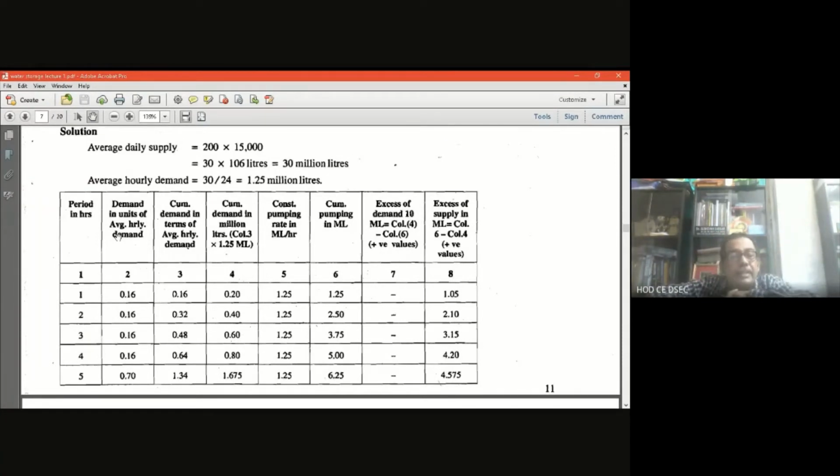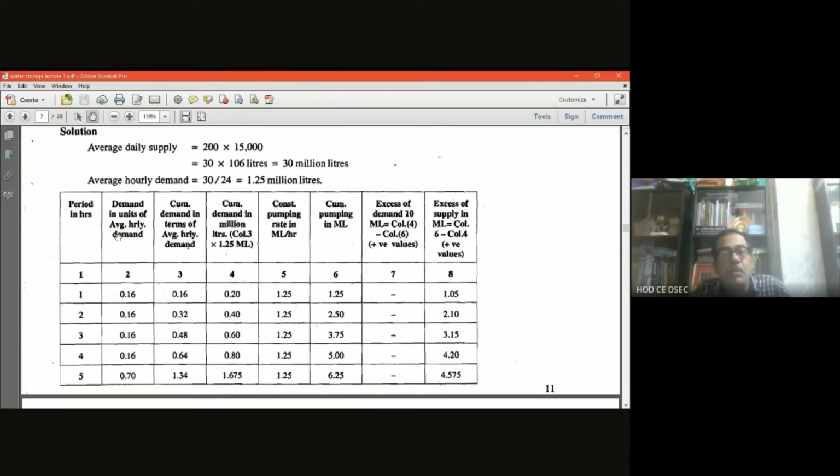You have to multiply the percentage you found in the third column with the fourth column, that is 1.25 million liters, and this gives you the cumulative demand.